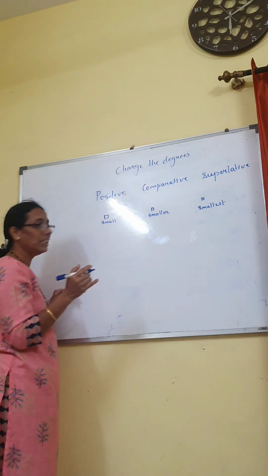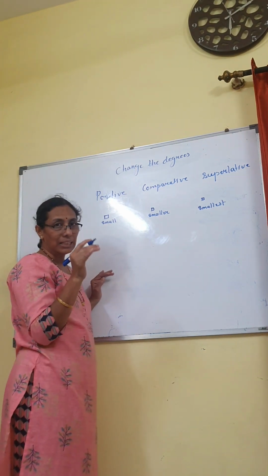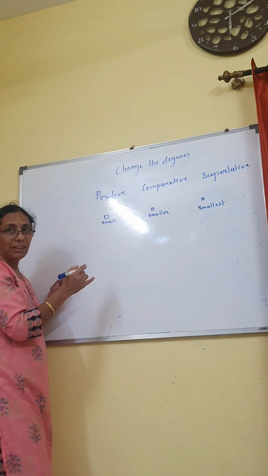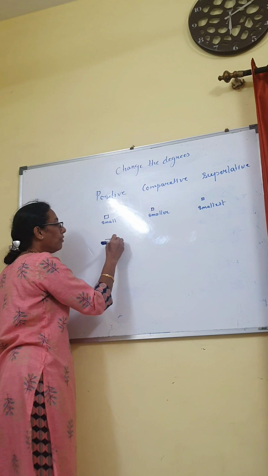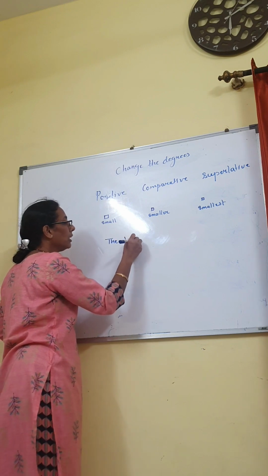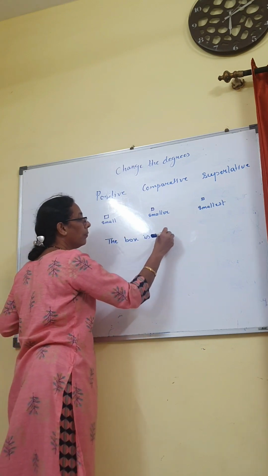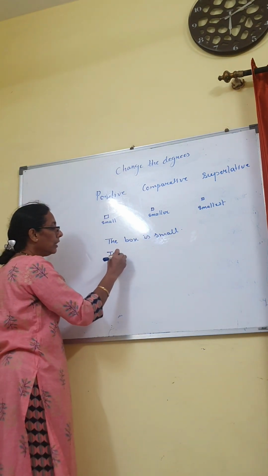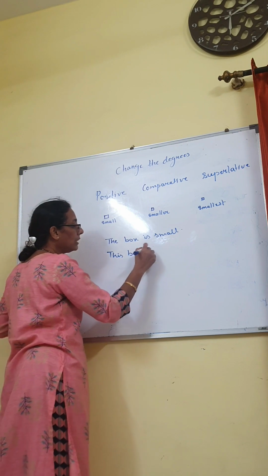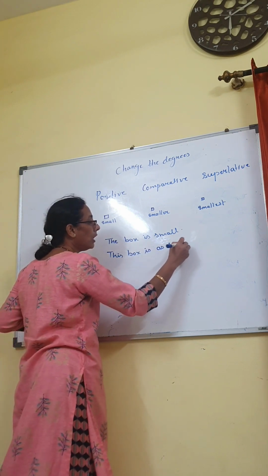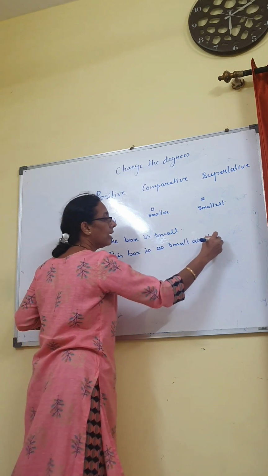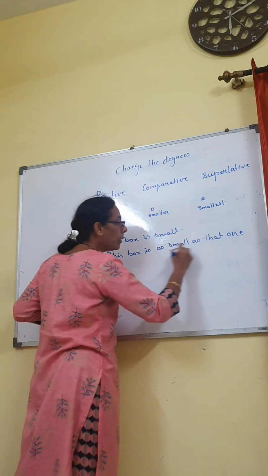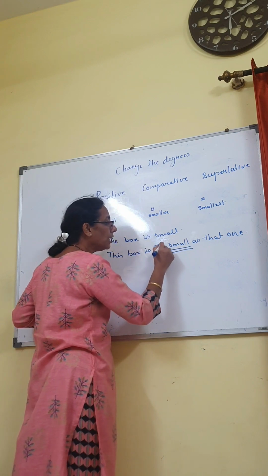Second thing you have to keep in mind, when we are using the positive degree, you can say the box is small. We can express it in this way, or we can say this box is as small as that one. Fine. So now with the positive degree, what are we using?